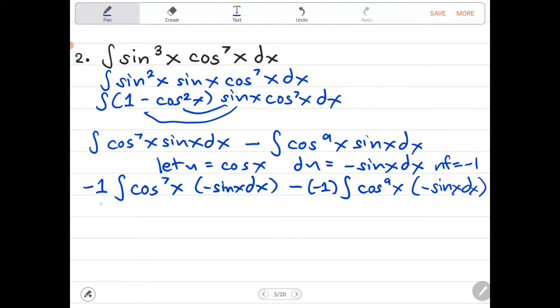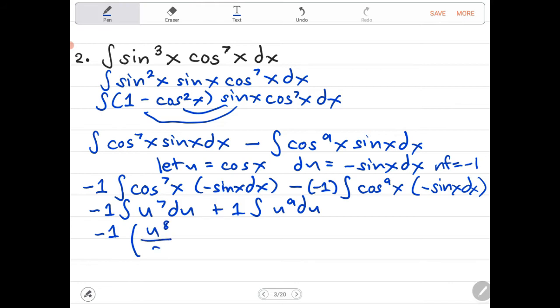Substitute it by u. Negative 1, the integral of u raised to 7 du plus 1, the integral of u raised to 9 du. Okay? Then we can now integrate. This is negative 1 times u raised to 8 all over 8 plus 1 u raised to 10 over 10 plus c.